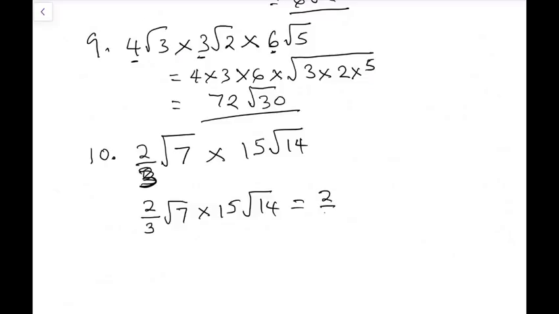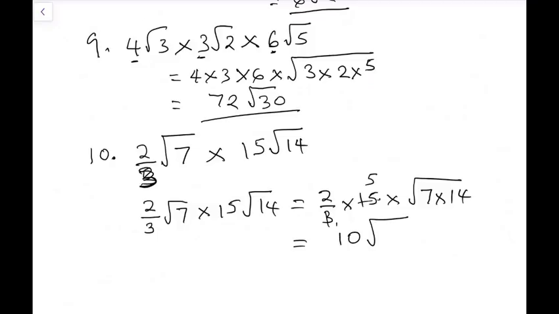So we have 2 over 3 multiplied by 15, and then we have root 7 multiplying 14. In this case, 3 goes into 15 five times. So here 1 and here 5. So we have 2 multiplied by 5, that gives us 10.